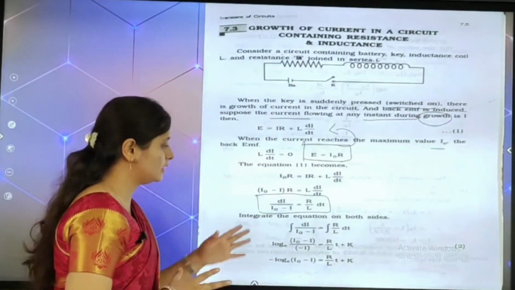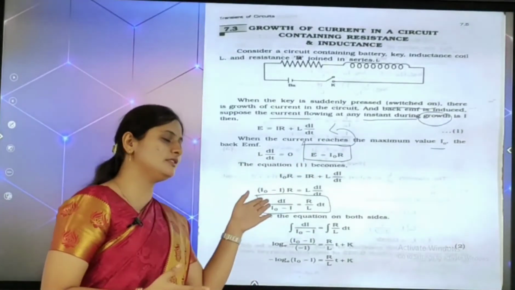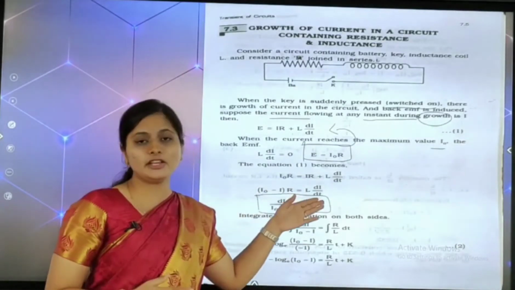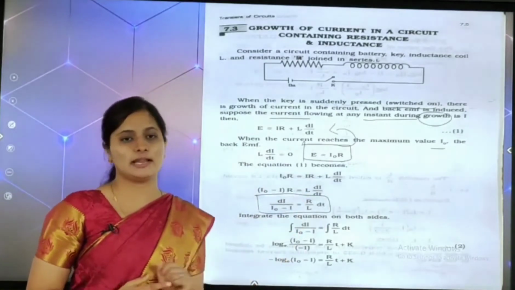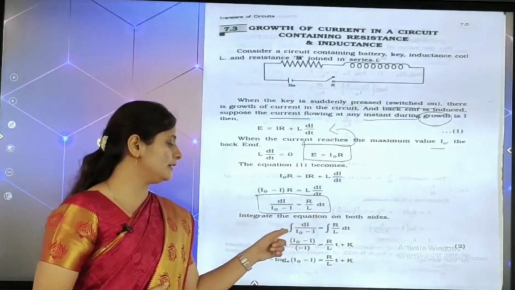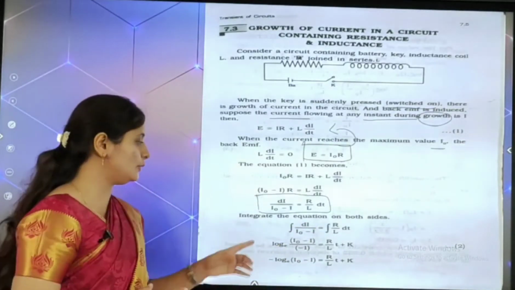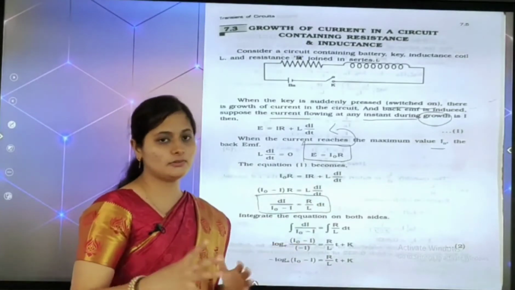So next, for this equation what should we do? We should do the integration. Integrating the equation on both sides, we write the integration sign: integration of di by I naught minus I is equal to integration of R by L into dt. Next, by integrating, what is our answer?